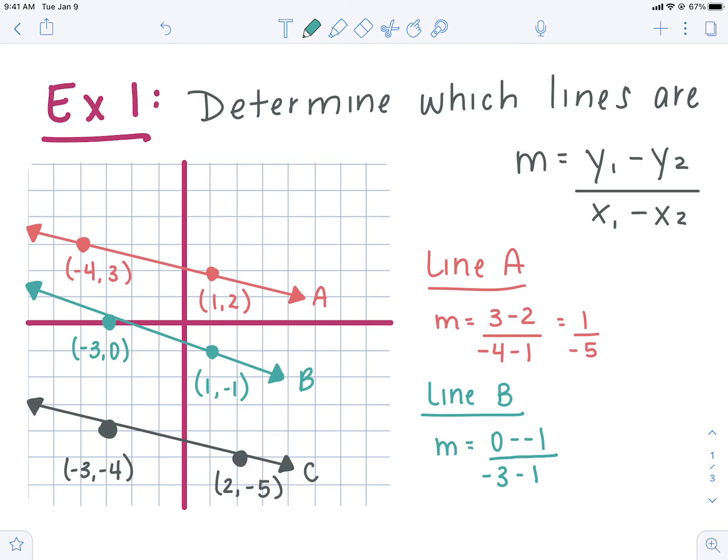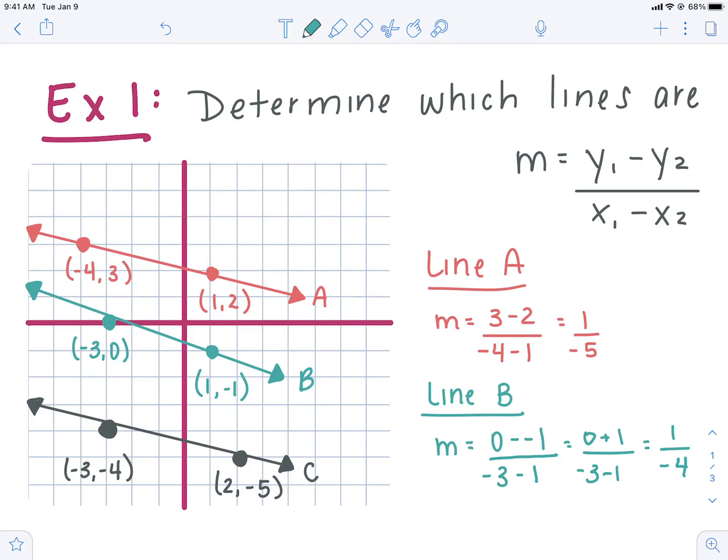When I have minus a negative, so when I have 0 minus -1, those two negatives make a positive, so I really have 0 plus 1 here over -3 minus 1, which gives me 1 over -4. Are those lines parallel? No, their slopes are different, right? And we could kind of see that even when we looked at the graph. It didn't look like they were exactly the same. They didn't have exactly the same slope. It kind of looks like line B is getting closer to line A as we look to the left side of the graph.